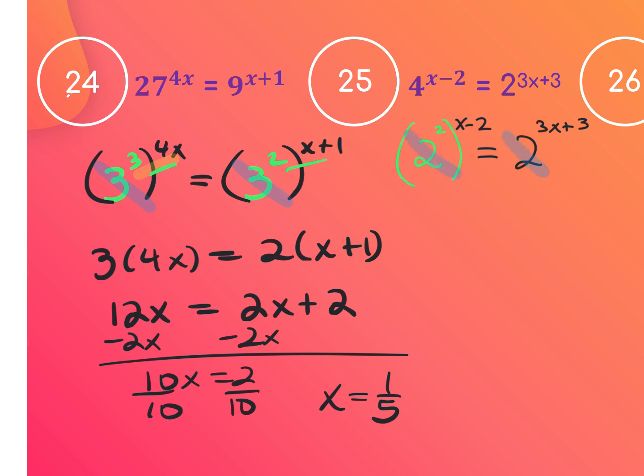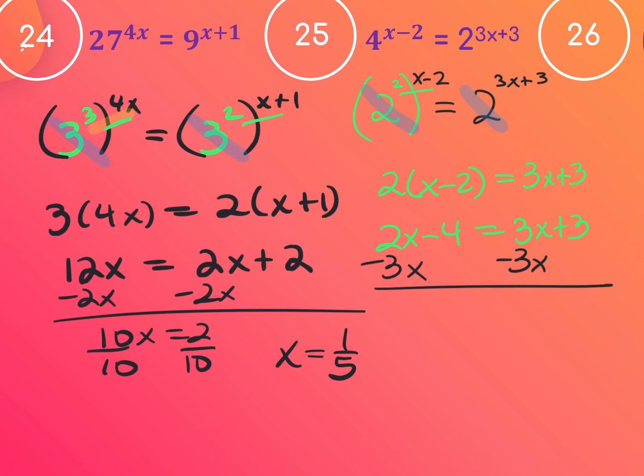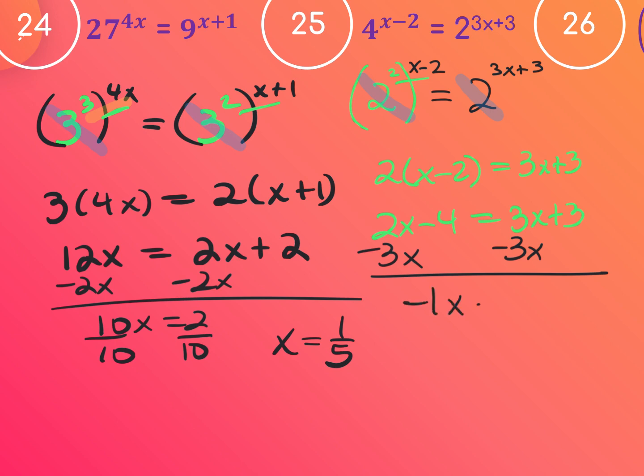And again, the power to the power here, you need to distribute the 2 to the x minus 2. This side you just leave alone. So 2x minus 4 equals 3x plus 3. Group your like terms. So negative 1x minus 4 equals 3.